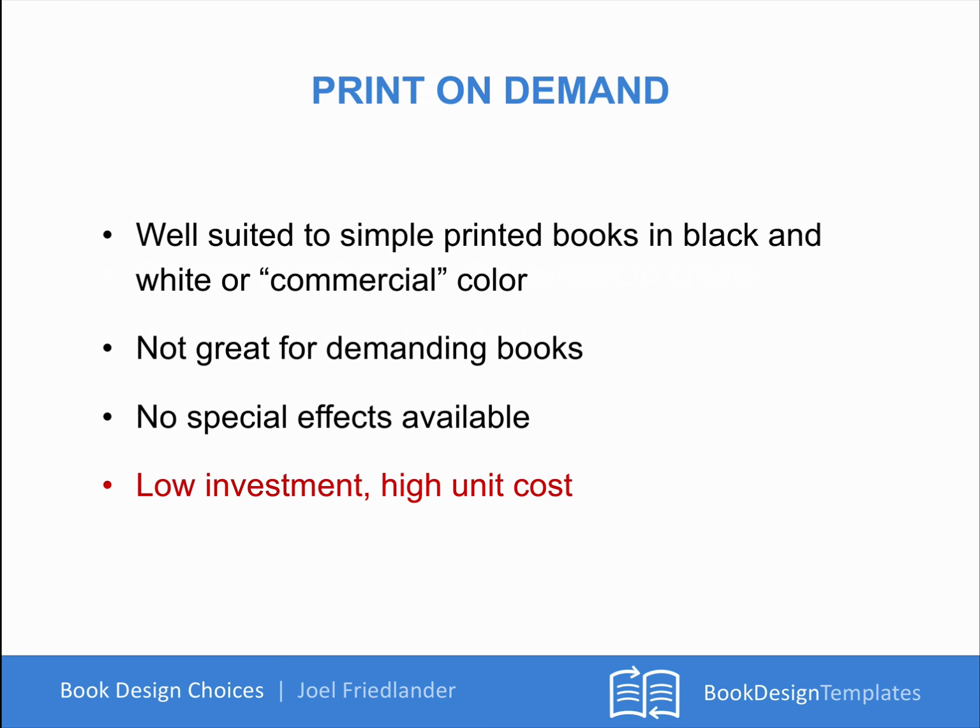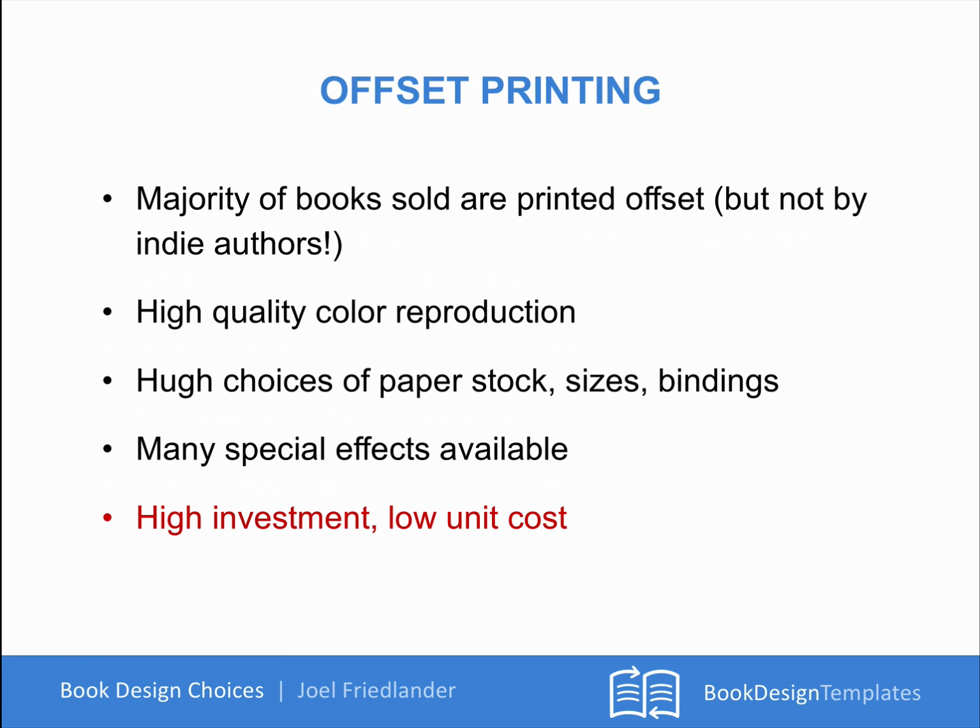So print on demand is very low on investment. It won't cost you hardly any money going in, but each book is going to cost quite a bit. So you have to really understand where your profit is, and that's going to come from understanding what your buyers are willing to pay. Now, the other way to create print books is by offset printing, and that involves one of those big printing presses.